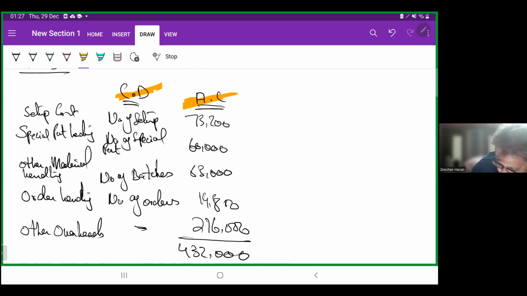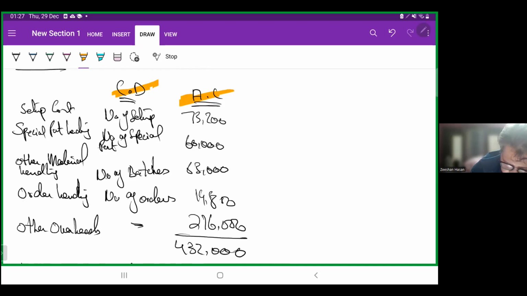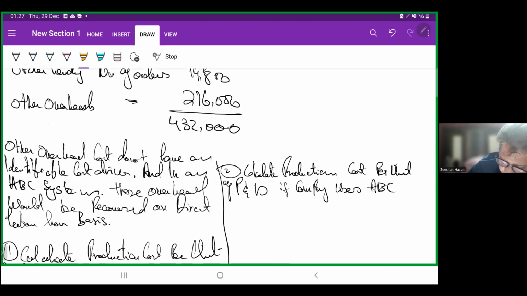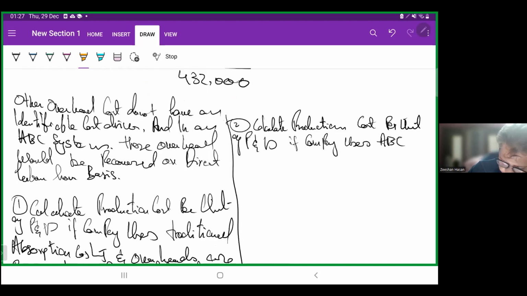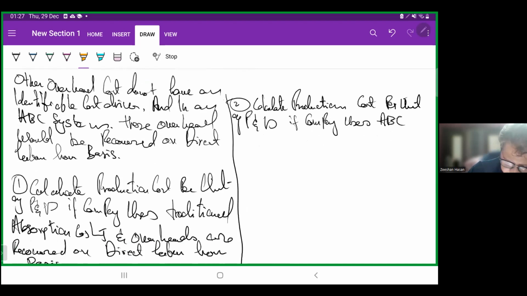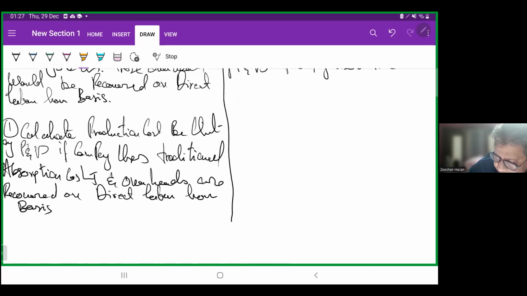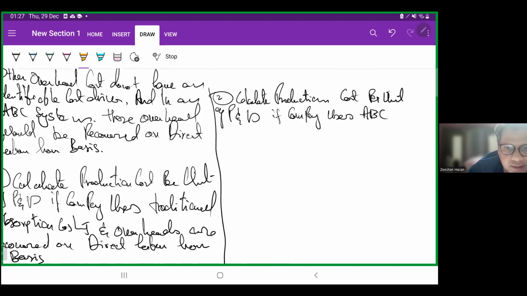Order handling, number of orders, 19,800. Other overhead 216,000. Total is 432,000. Other overhead costs do not have an identifiable cost driver, and in an ABC system, these overheads would be recovered on a direct labor hour basis. We have to calculate the production cost per unit of P and D: one, if the company uses traditional absorption costing and overheads are recovered on a direct labor hour basis; and two, if the company uses ABC.